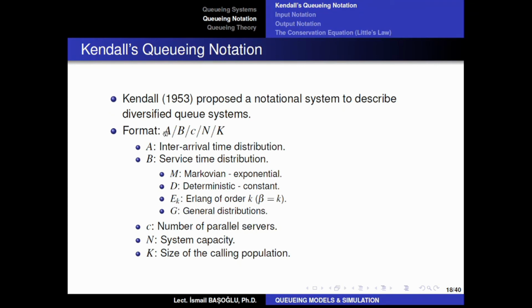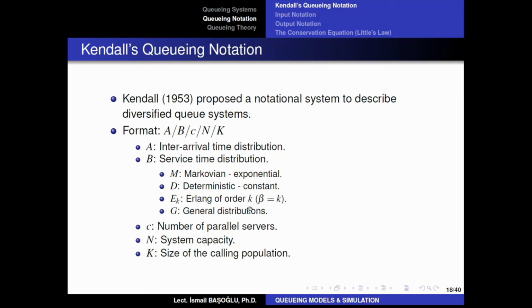And if you see a letter D, then this means we have a deterministic interarrival time or a deterministic service time. Deterministic means constant. For example, this is the coffee machine queue, and every cup is filled in 3 minutes, let's just say. In that case, in place of B here, we write capital D. And another interarrival time distribution or service time distribution can be the Erlang distribution.